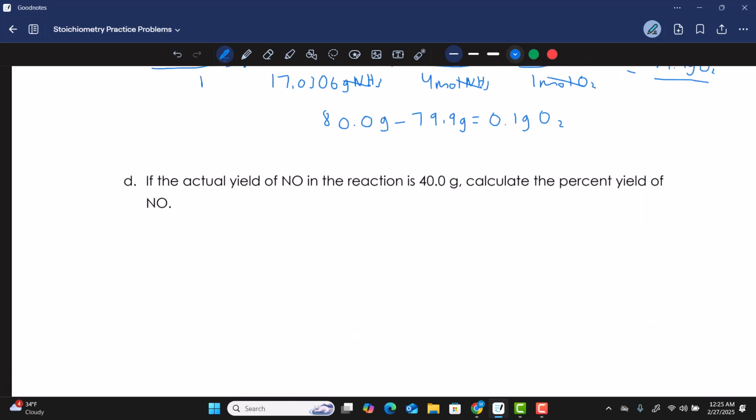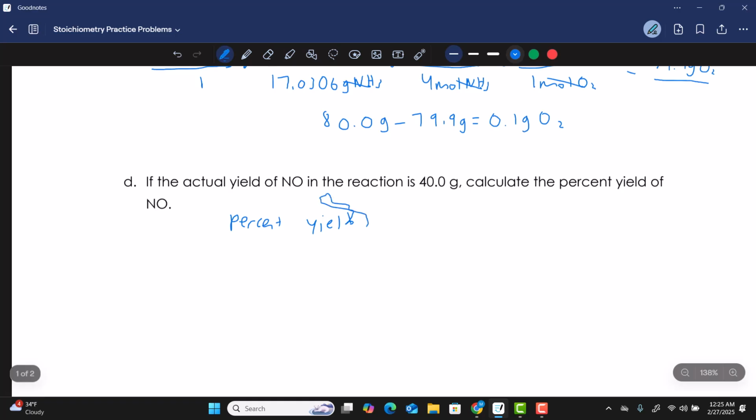So next we want to find the percent yield of NO. The percent yield is equal to the actual yield over the theoretical yield times 100.